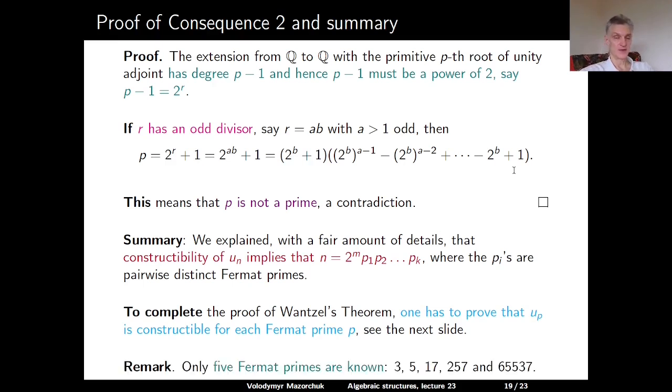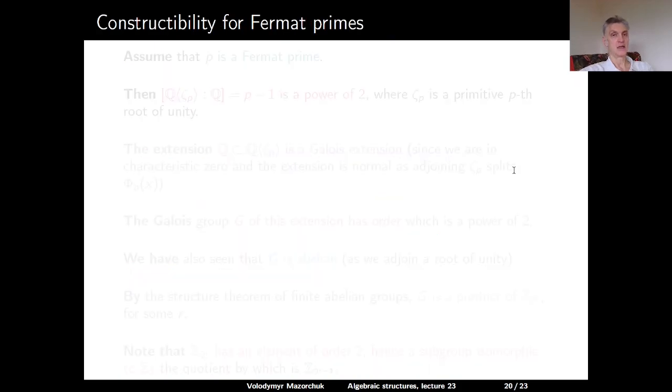Let us make one funny remark. So far, only 5 Fermat primes are known: 3, 5, 17, 257, and 65,537. And that's it.